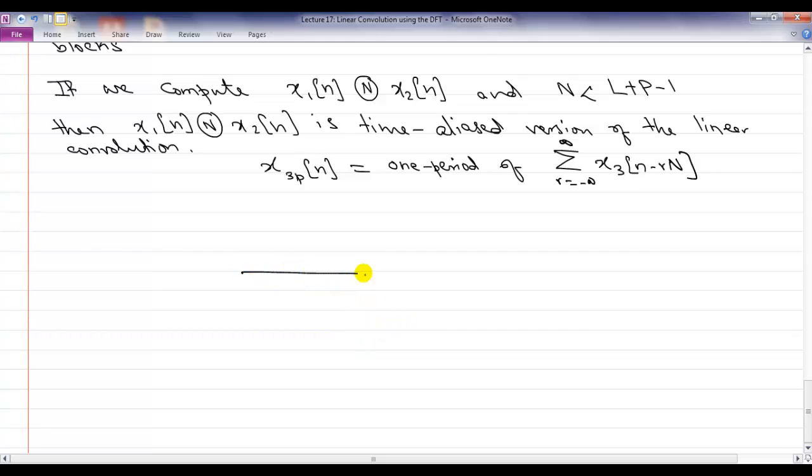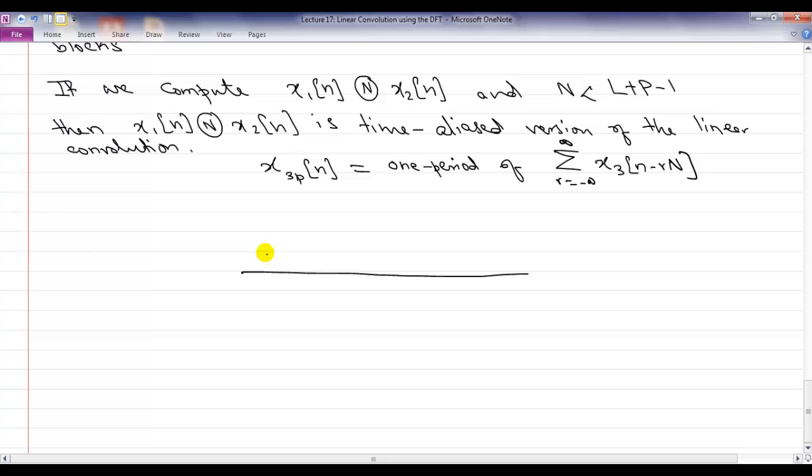Hopefully everyone was able to do the reading assignment that we had discussed last week. So what time aliasing of linear convolution is effectively doing is taking the last piece of your linear convolution and just wrapping it around at the beginning. Right? That's what aliasing is doing.